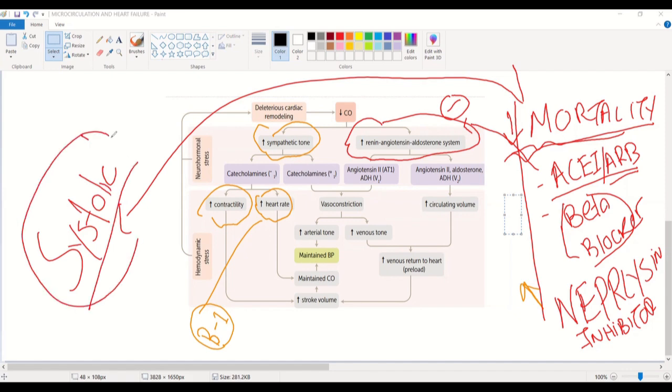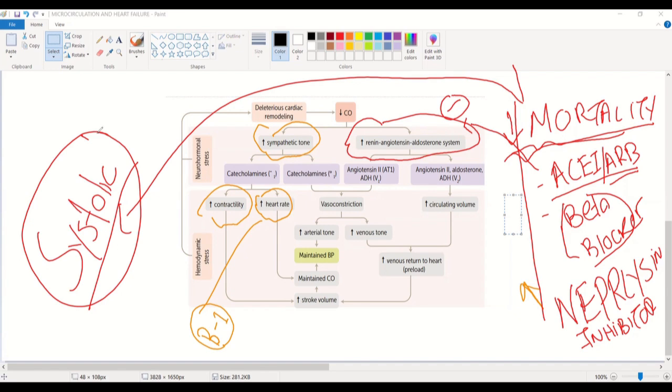Systolic heart failure. Yeah. What about the treatment of diastolic heart failure? Okay, we will discuss systolic and diastolic heart failure in a few minutes.